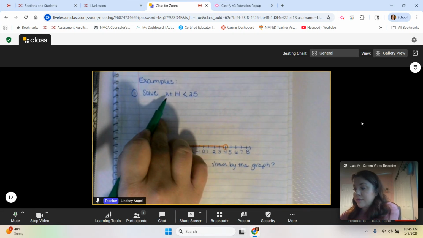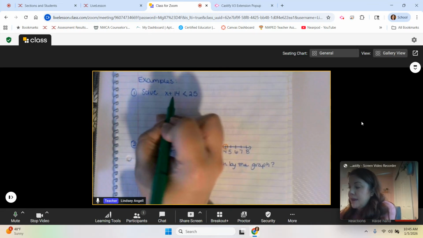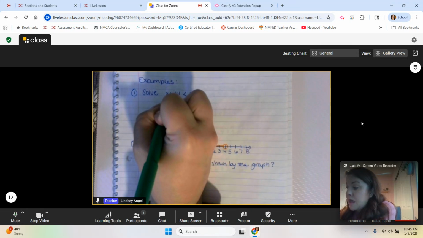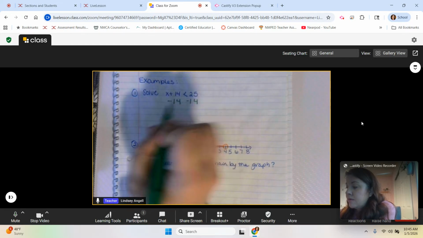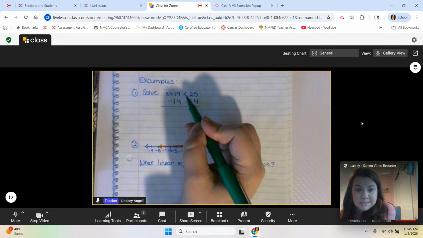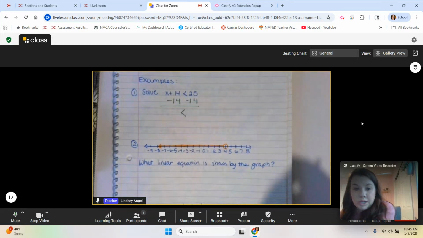So first off, my x is already on the left-hand side of the inequality, so we're starting off really good there. And then I'm adding 14 right now. So to solve, I'm going to subtract 14 from both sides of the inequality. My inequality symbol, in this case my less than symbol, is going to stay the same. So we're going to bring that down.